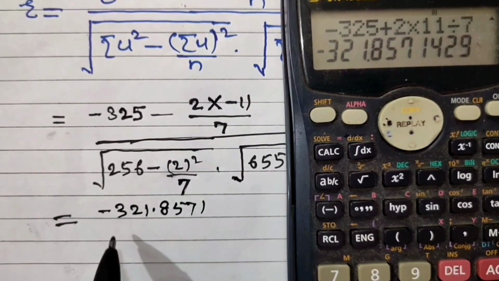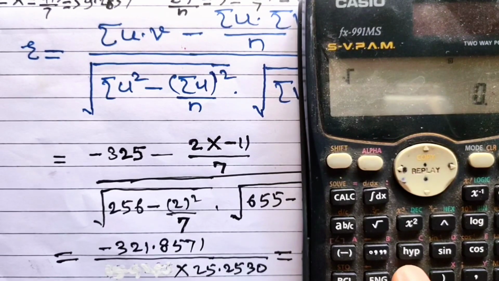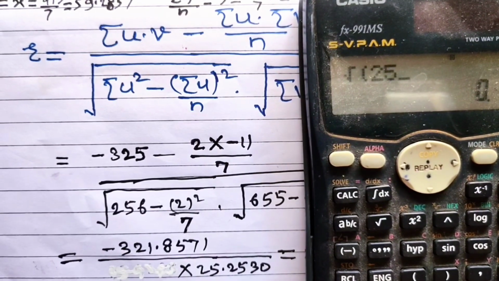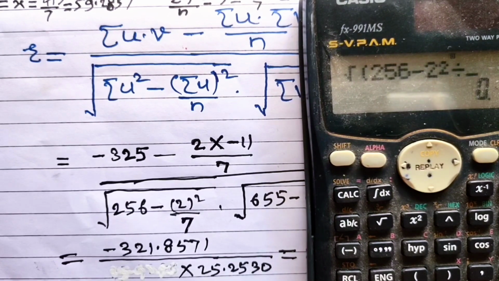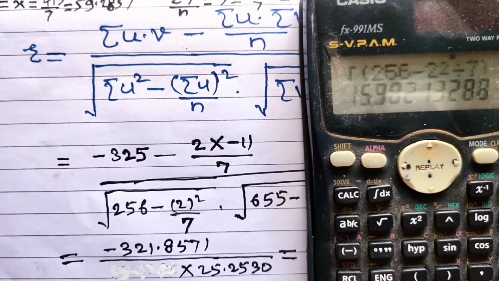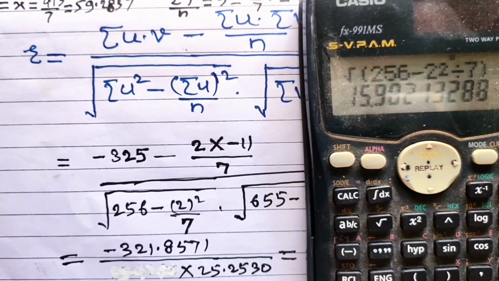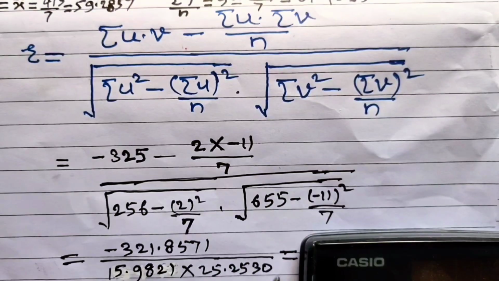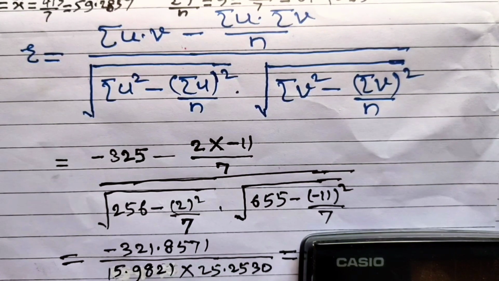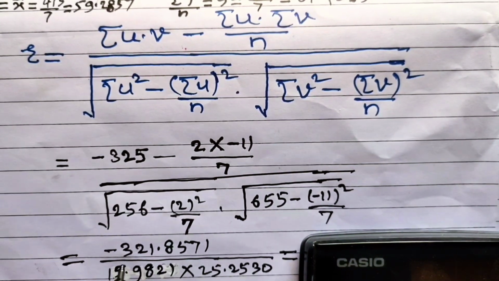321.8571 divided by square root of, in bracket, 256 minus 2 square divided by 7, bracket close, is equal to 15.9821, into the value of this square root, which is 25.2530. Keeping the numerator as it is, we have to take the multiplication of these two numbers.